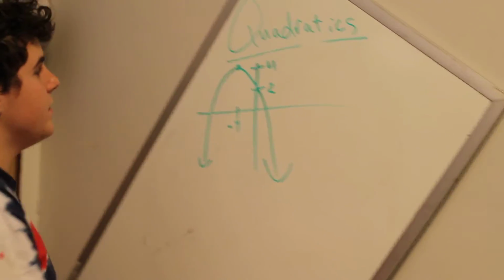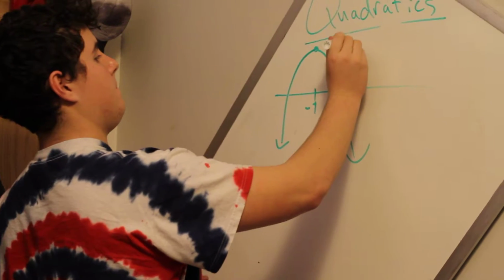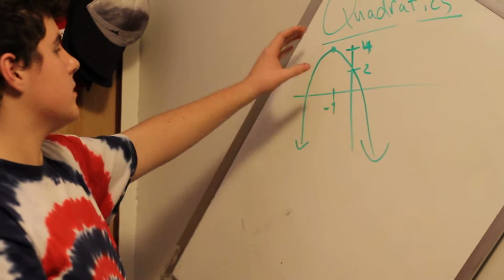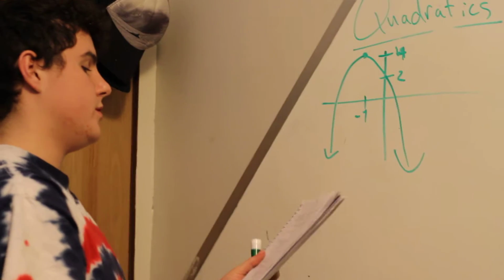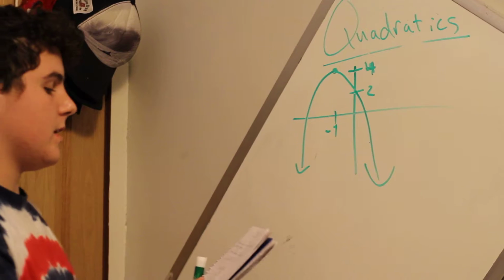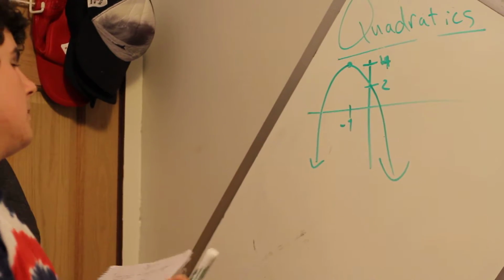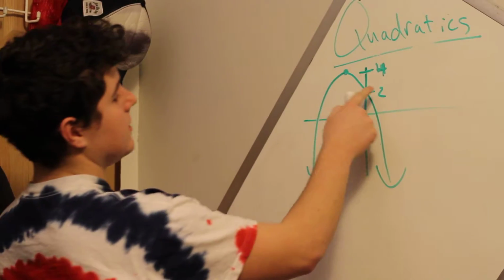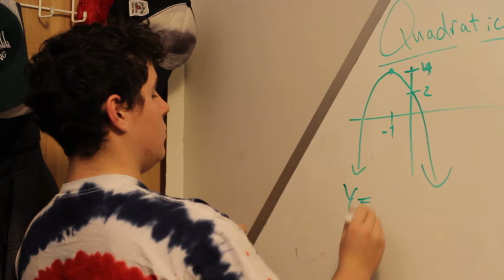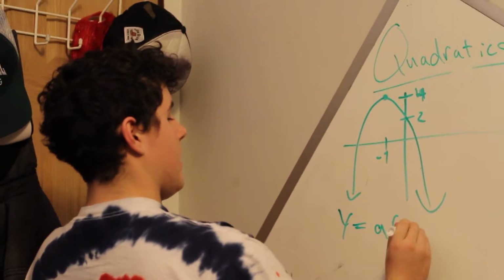Okay, so we're given this graph, and we have some points and coordinates, and the first thing we want to do is write the function in vertex form.